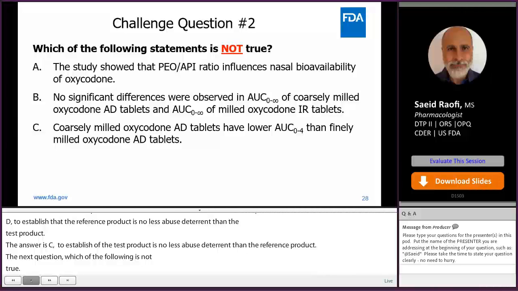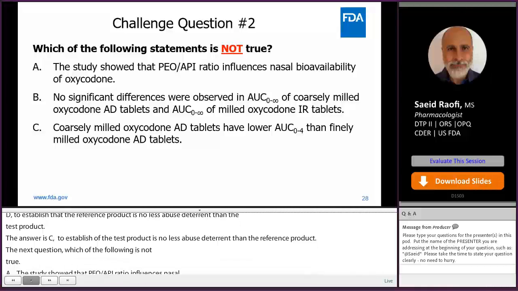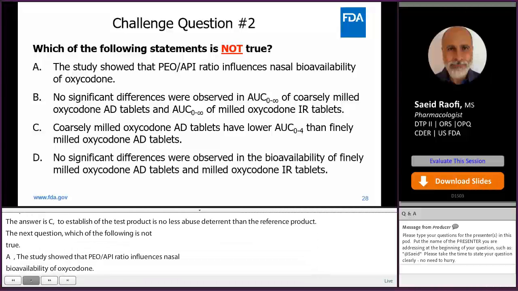C. Coarsely milled oxycodone AD tablets have lower AUC 0 to infinity, AUC 0 to 4 than finely milled oxycodone AD tablets. And D. No significant differences were observed in the bioavailability of finely milled oxycodone AD tablets and milled oxycodone IR tablets.